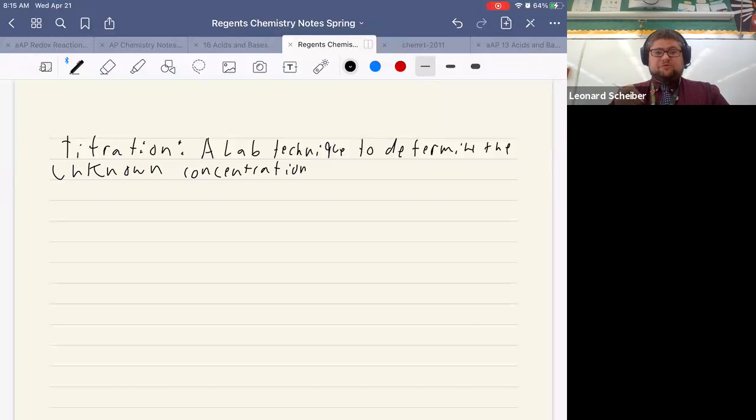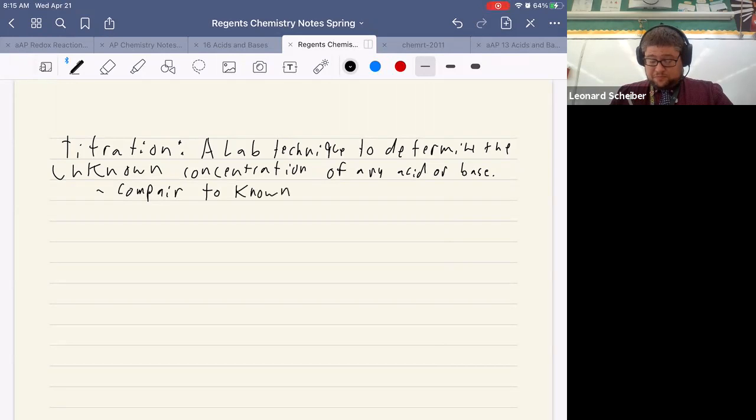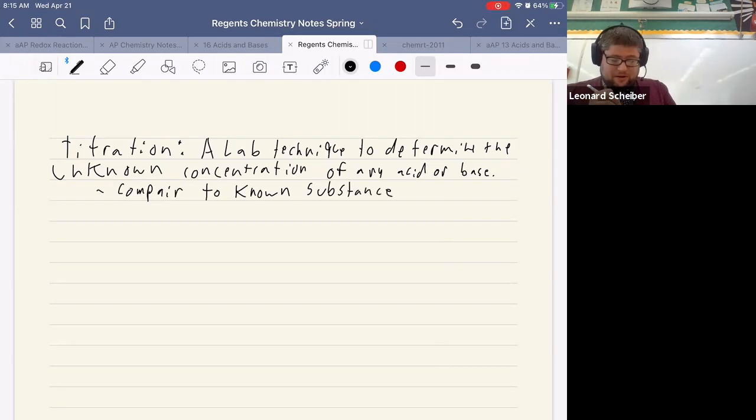We could also do pH, solubility more, but it's usually concentration. Determine the unknown concentration of any acid or base. It's important to note that to do this, we always compare to a known substance. And the way we do this is through a neutralization reaction.